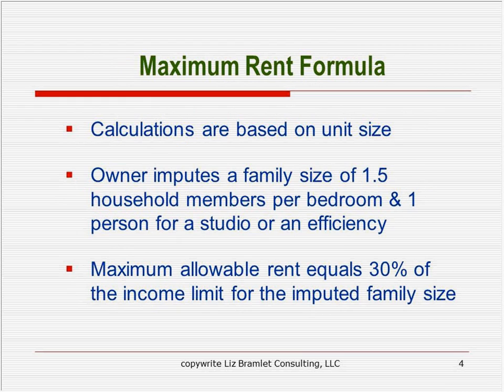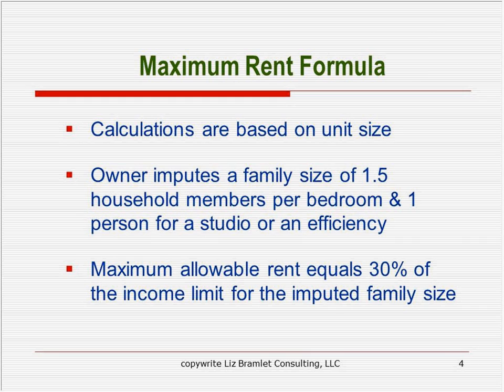In this credit program, maximum rent is based not on the family size or the family's income, but on the unit size. So we calculate a maximum rent for our studios, a maximum one-bedroom rent, a maximum two-bedroom rent, and utilize the project's income limits to do this.